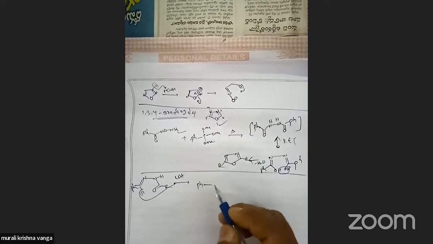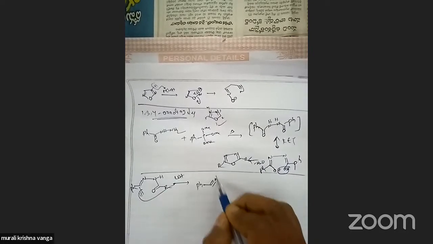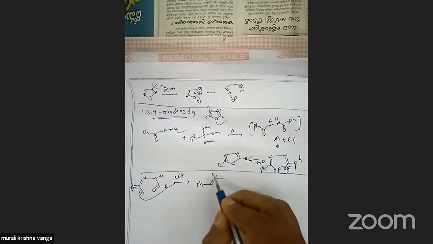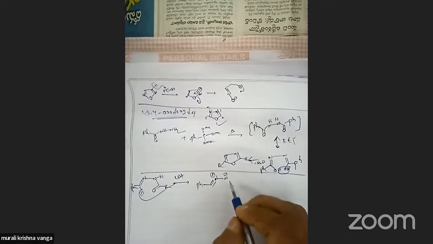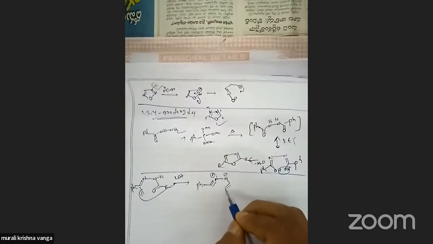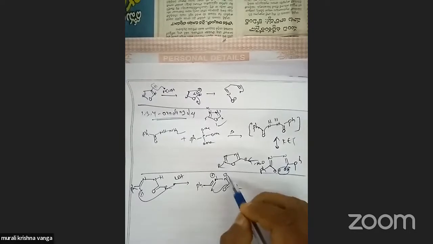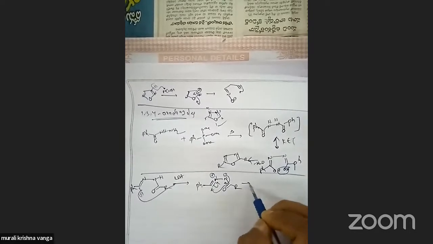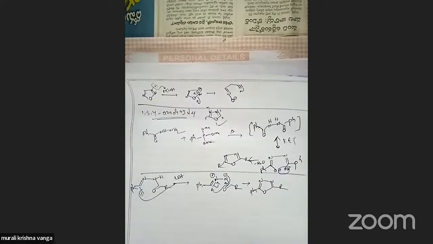The negative charge leads to a triple bond between carbon and nitrogen, with a positive charge on nitrogen and a negative charge here. Now it undergoes a cycloaddition reaction, and 1,3,4-oxadiazole is the product.